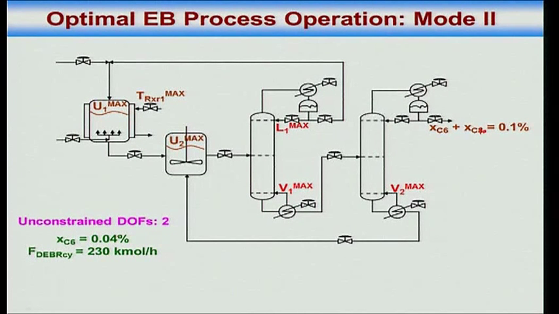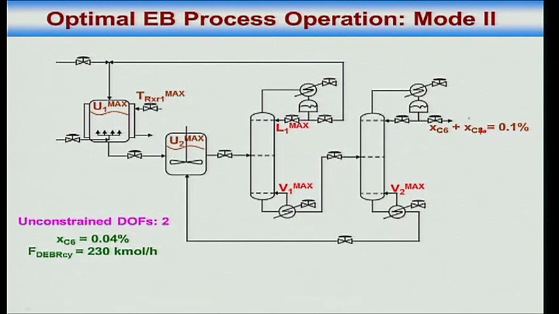Why did the benzene impurity go down to 0.04% from 0.09%? That's what we were discussing. It turns out that V2 max is active. Because V2 max is active, if I relax on the C10 impurity there, then I will have to tighten C6 impurity.